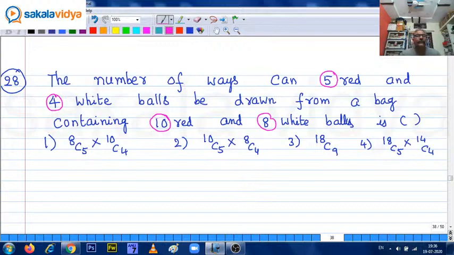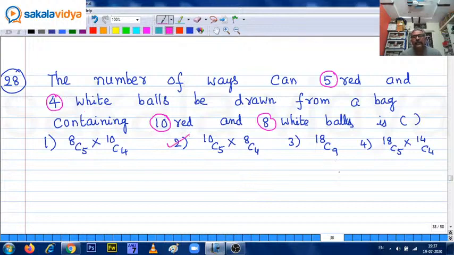Out of 10 red balls, 5 red balls need to be selected, which can be done 10C5. And from 8 white balls we need to select 4, that is 8C4. That means the second option is the right option.